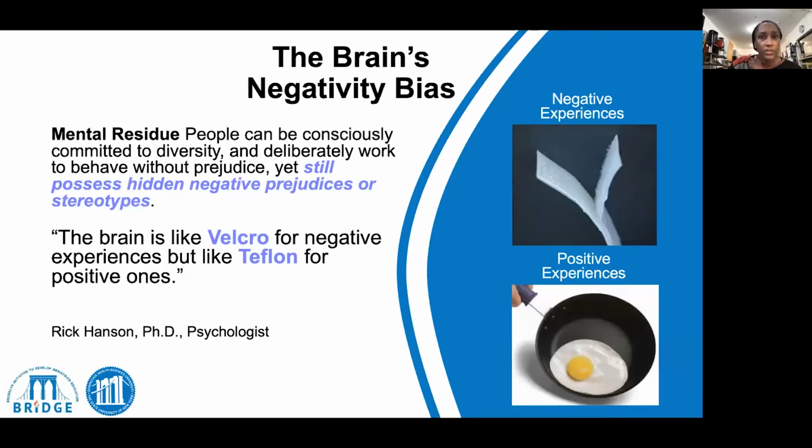I also wanted to share with you the brain's negativity bias, which is a particular type of bias. There's a notion of a mental residue: despite the fact that people can be committed to diversity, equity and inclusion, sometimes they might still operate with this particular bias.